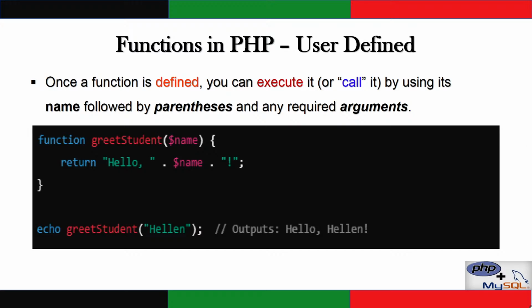In PHP, the way we return the finished product is using the keyword return. So we put the keyword return, then after it, we put the value or the result that we want to return. That's why there we see a return, then the string.